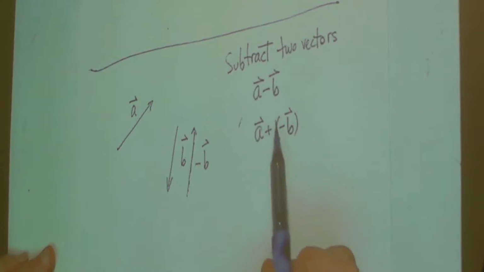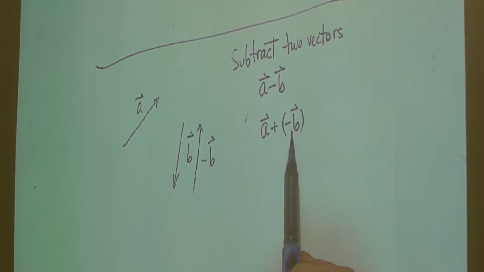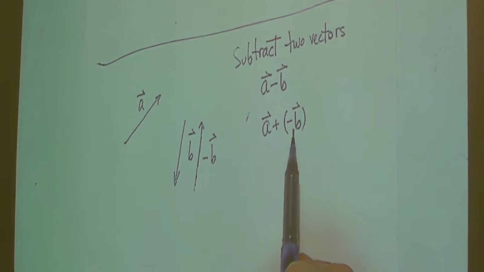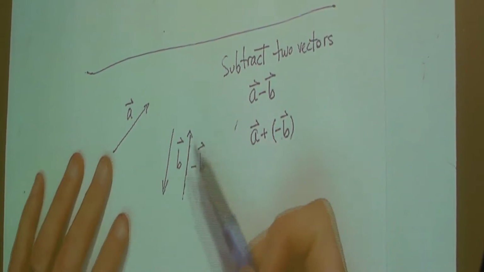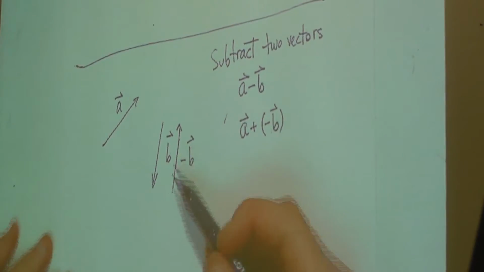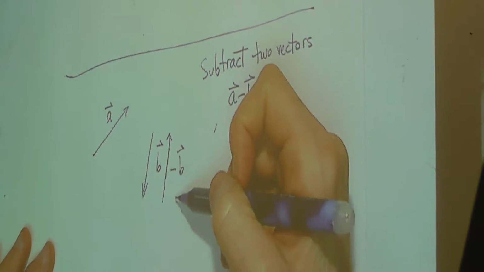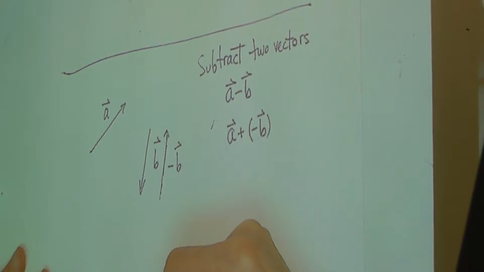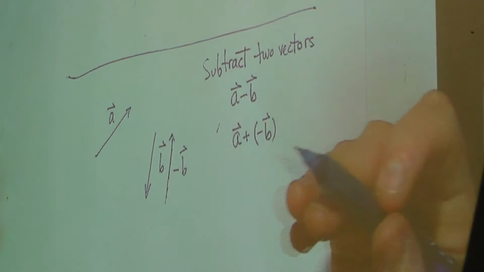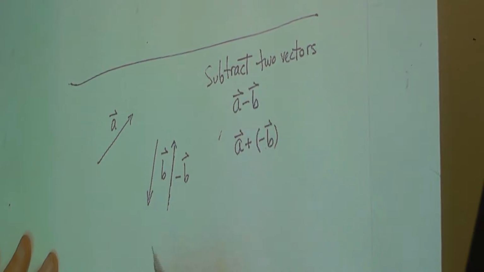So I can change A minus B to the addition of these two, and then I can pick up one or both of these vectors, A and minus B, stick them head to tail, and sketch in the resultant vector.